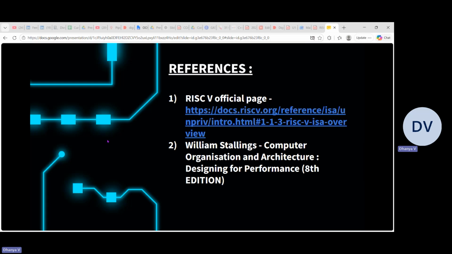References would be the official RISC-V website and William Stallings' Computer Organization and Architecture textbook. It's pretty detailed, so if you want to refer to it, maybe refer to only the first few pages. Otherwise, it just goes into too many complications. So yeah, thank you so much. I hope you understood. Thank you.